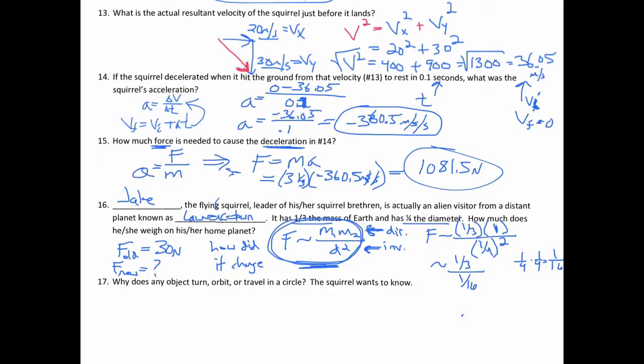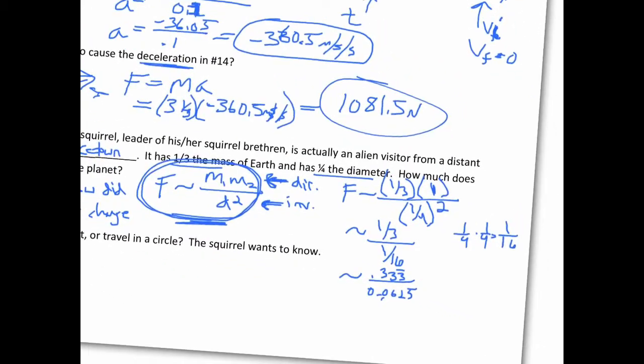Alright, so I have a third divided by a 16th. Now that's kind of awkward. You could just divide them out and get decimals: 0.3 repeating divided by 1/16, which is 0.0625. You could do that. I tend to like to rearrange it.